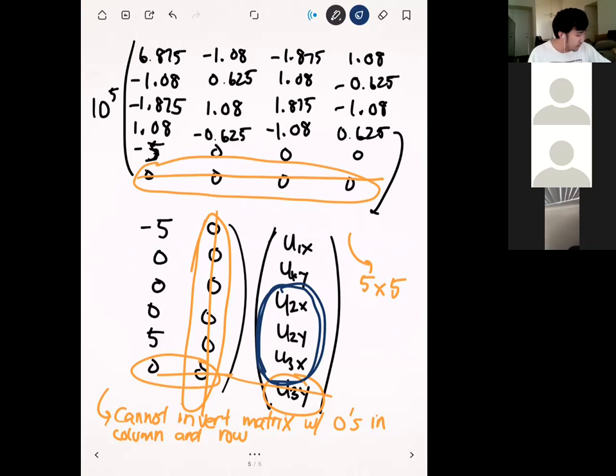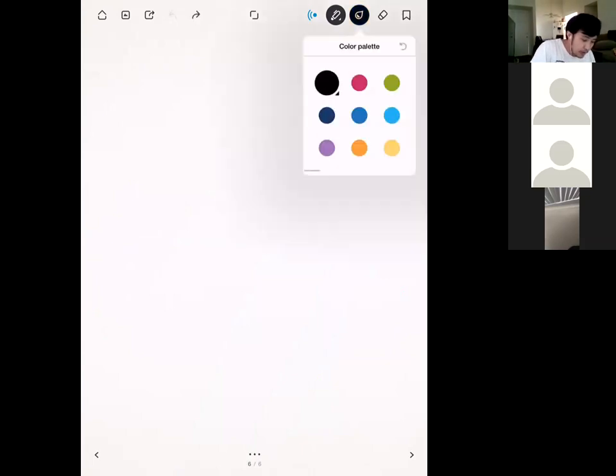Okay, so let's go ahead and finish up this problem. So next step is to apply our Dirichlet and Neumann boundary conditions, right? Now we have a 5 by 5 system, so it's a little bit easier. Hopefully I can fit it all in one line this time.